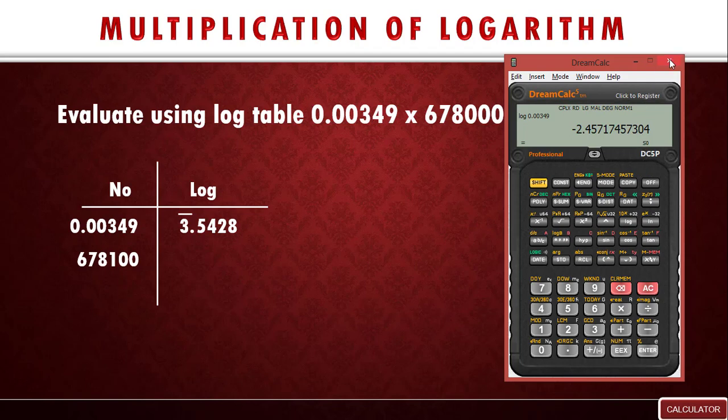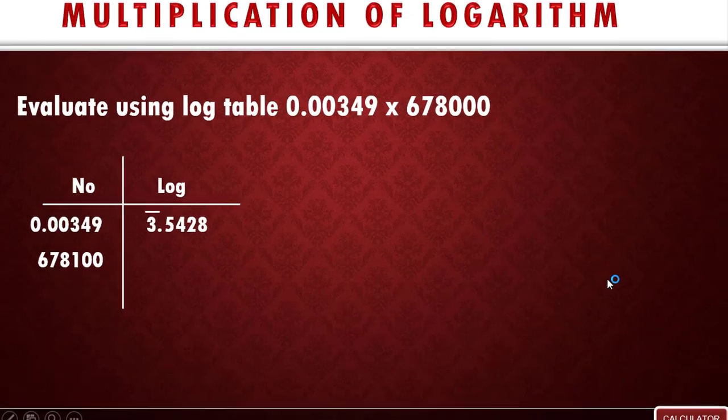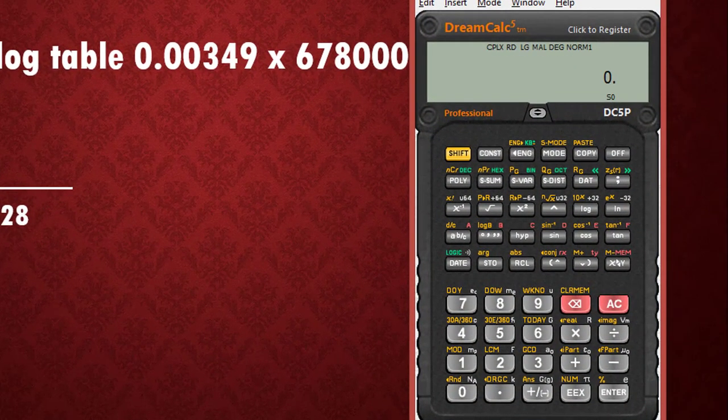Okay, so let's go to this one now. Using our calculator to do this, put on the calculator. Since this number is greater than 1, we can determine it directly. Log 678100, and then press equals to or enter. Directly, this is our answer.